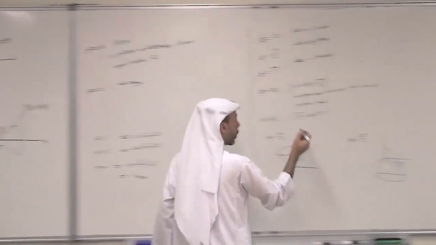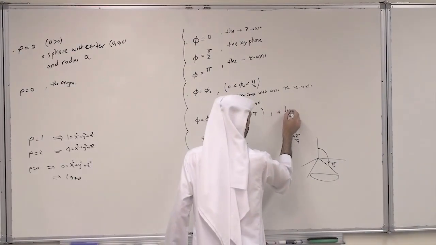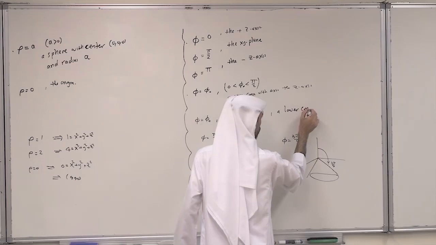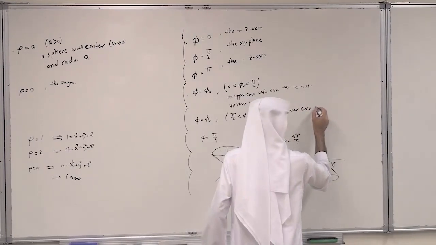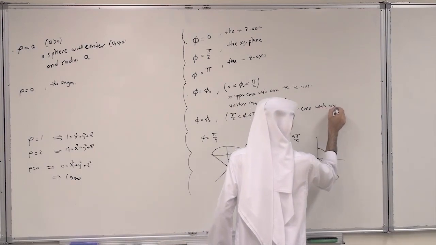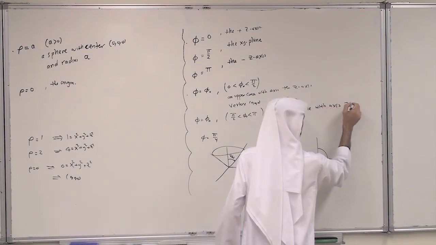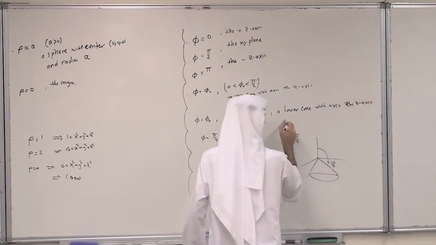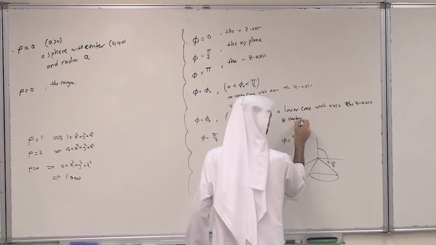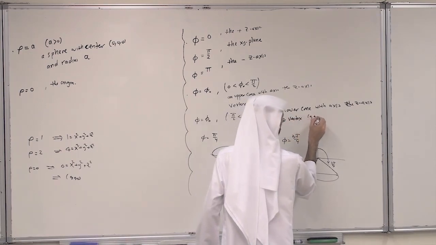In this case, a lower cone with axis the z-axis and vertex, again, the origin.